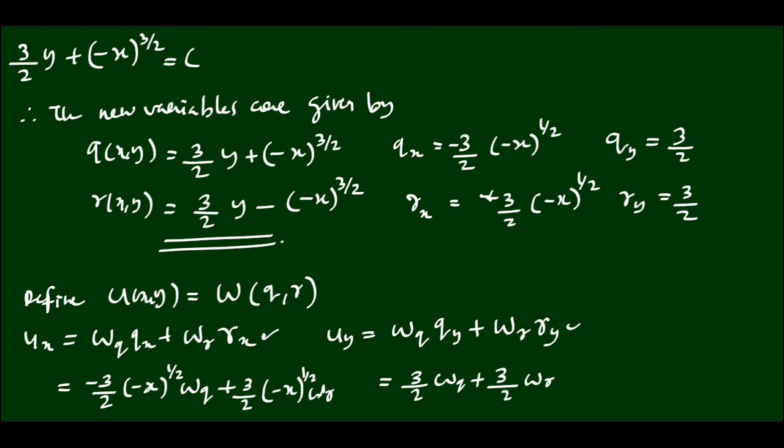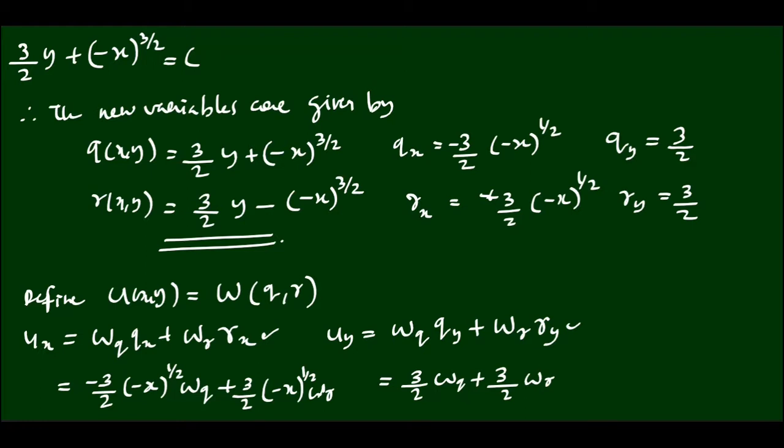Okay, so we have found ux and uy. Now we can find uxx and uyy. To find uxx, we are going to differentiate ux with respect to x. For that, we have to use both product rule and chain rule.